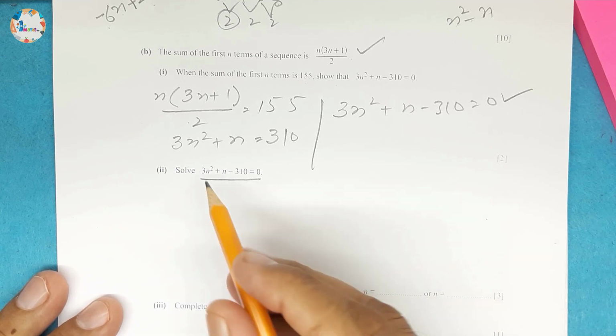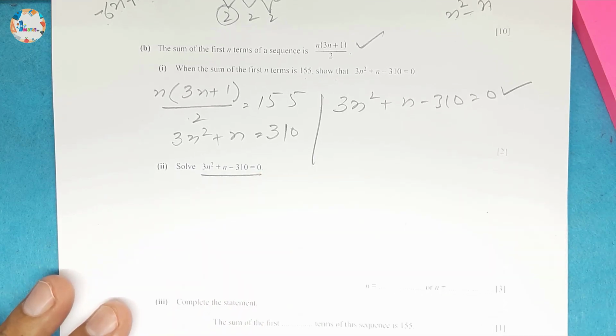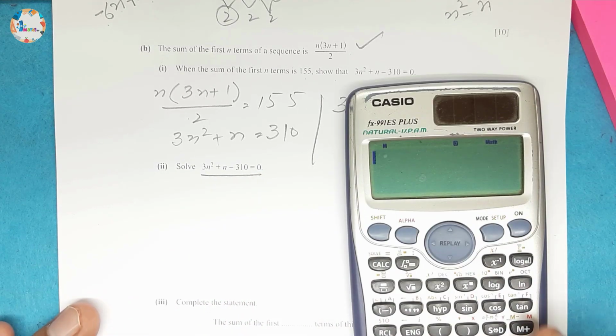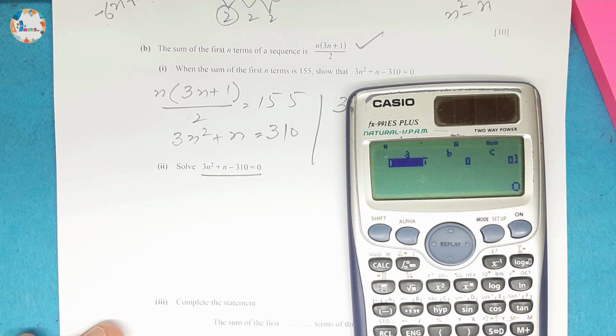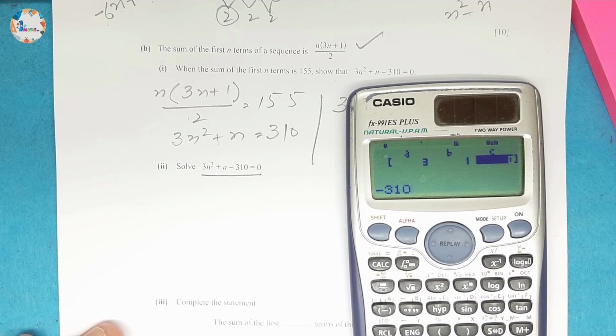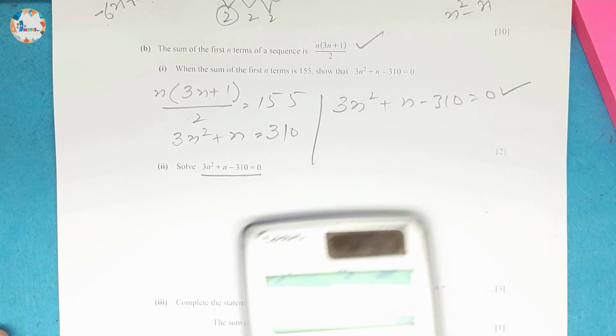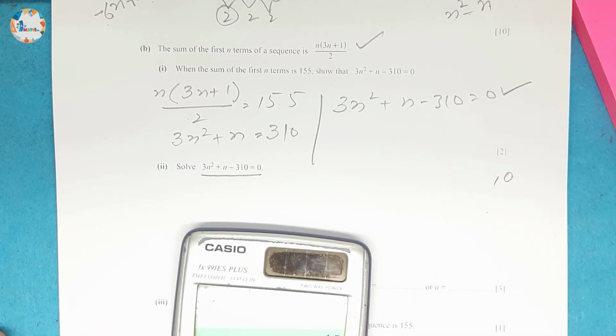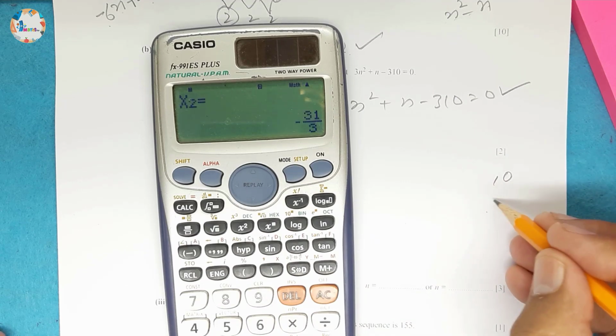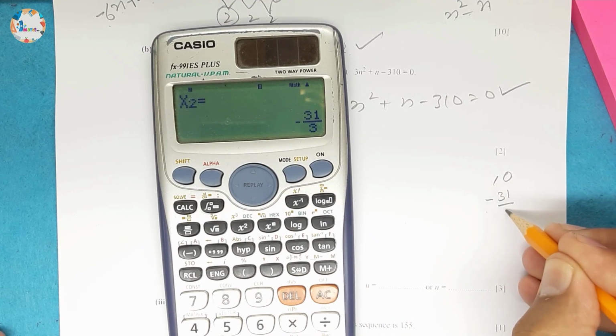Now the second part, this is basically a quadratic equation. We have to solve this equation. To solve this equation, what we can do, we can use the calculator's mode 5 3, where the coefficient of n square is 3, the coefficient of n is 1, and the constant is minus 310. So one value is 10, and the second value is minus 31 over 3.